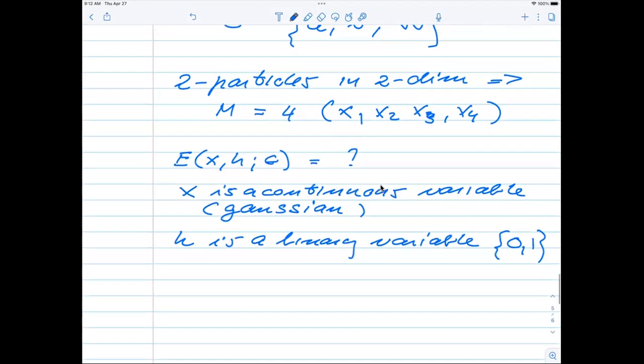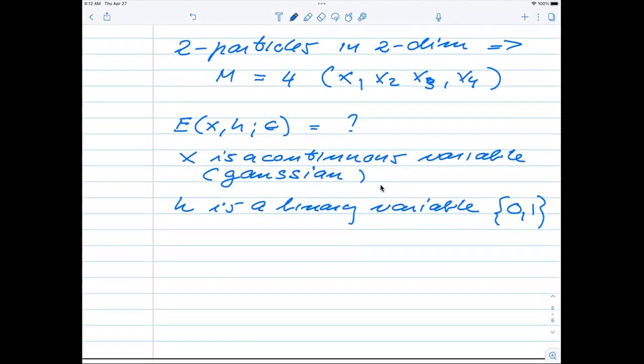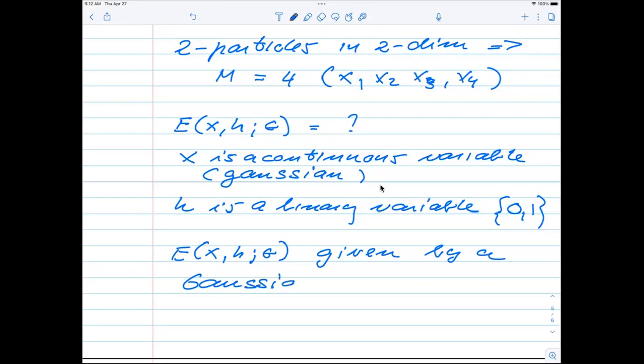Now, what we have when we take h as a binary variable, this means that the function which we are going to set up, this E of x, h, theta, is going to be given by a so-called Gaussian binary restricted Boltzmann machine, RBM.